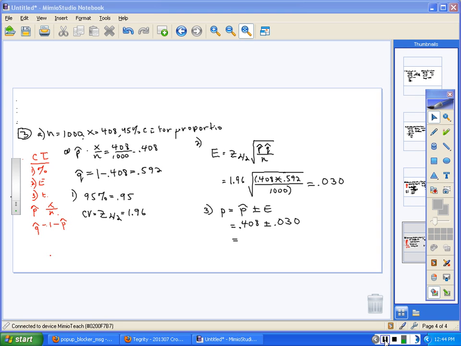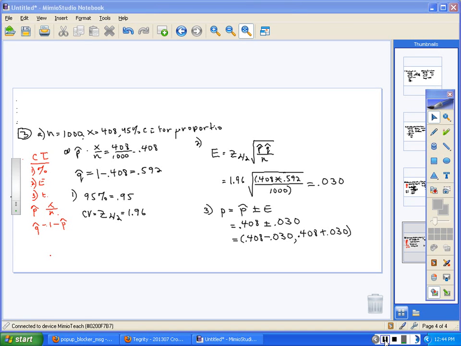And you have got to have the smaller number first, or you're going to lose a point. So first you're going to say 0.408 minus 0.030. And you don't have to show me this step. I'm just showing you. And then the second one is 0.408 plus 0.030.